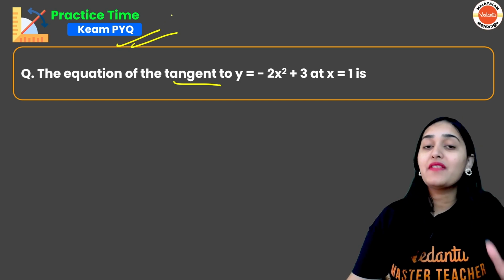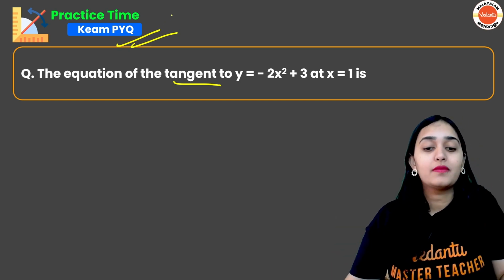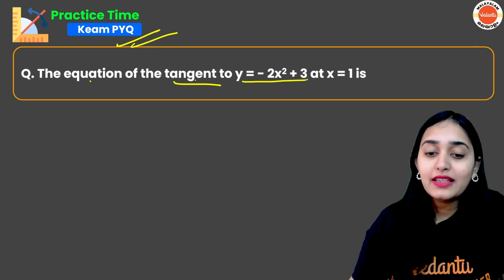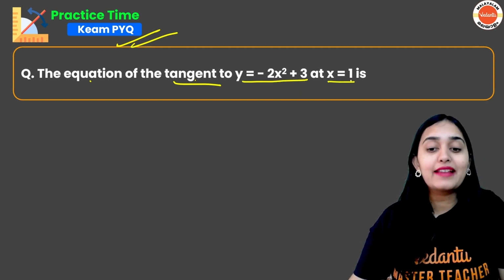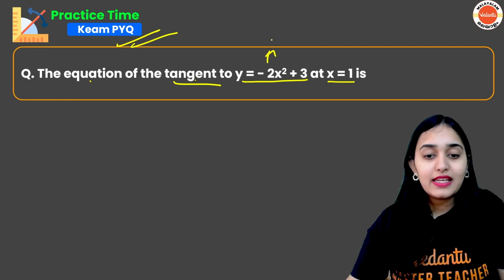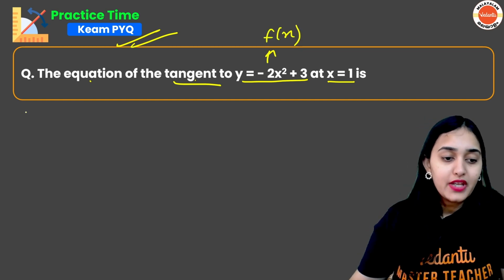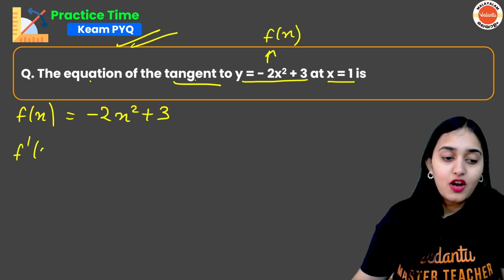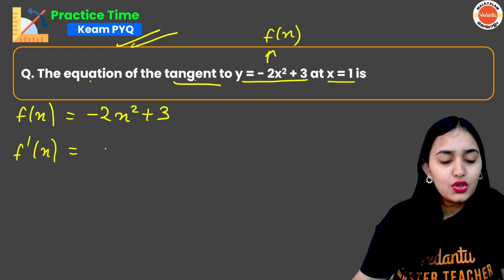Okay. Let's do tangent also. Again, this is a KEAM PYQ only. Direct question. Equation of the tangent for this line at x is equal to 1. So this is f of x. Now f of x is minus 2x square plus 3. So f dash of x is minus 4x.